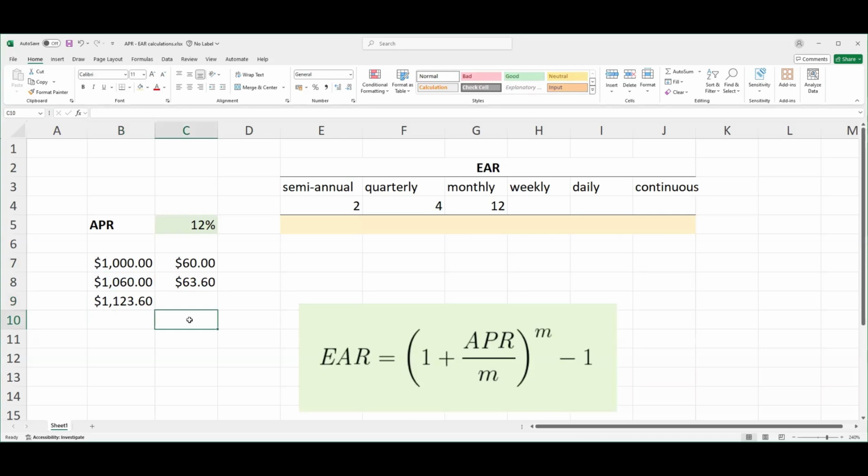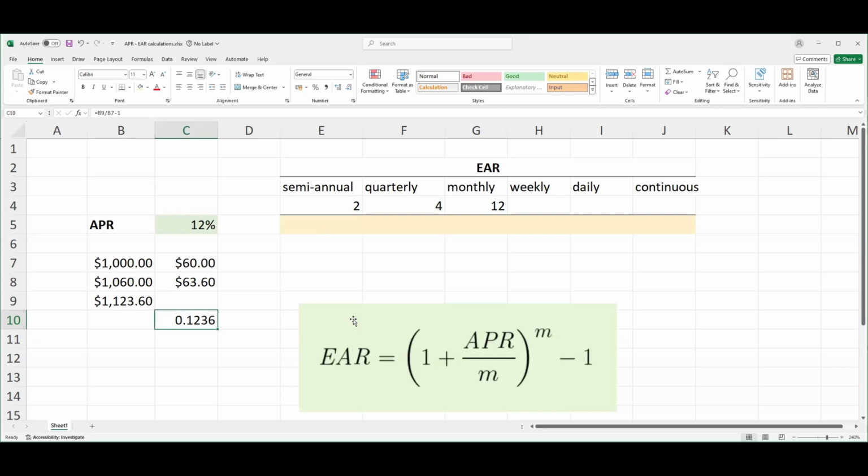Overall return over this year is your final balance divided by your opening balance, minus 1. As you can see, this is higher than 12%. This is actually 12.36%, and the effective annual rate should be this figure, because it does take into account the interest earned on interest as well.